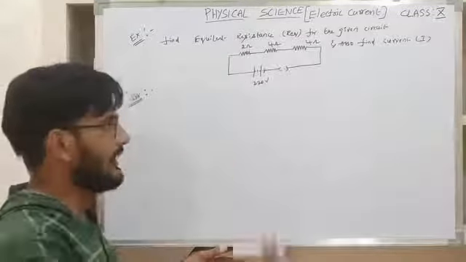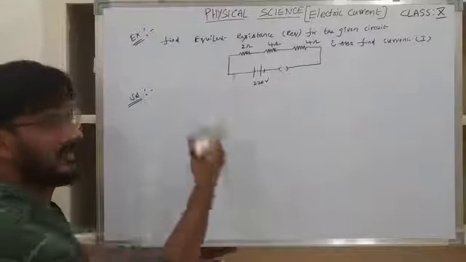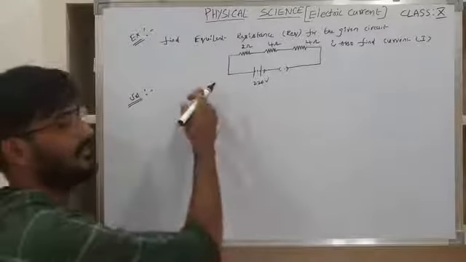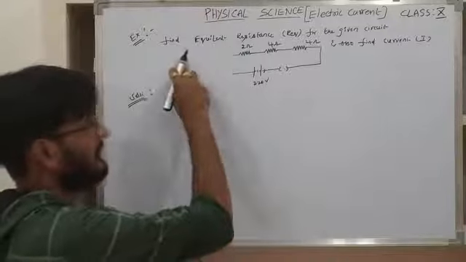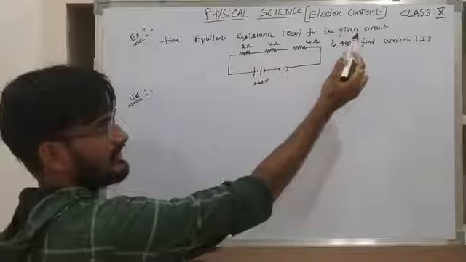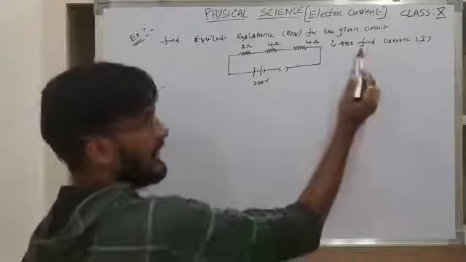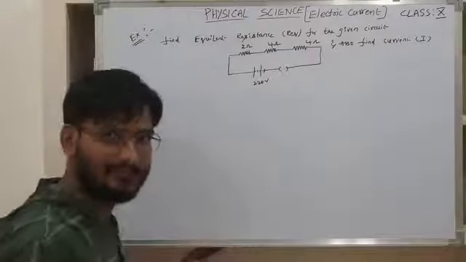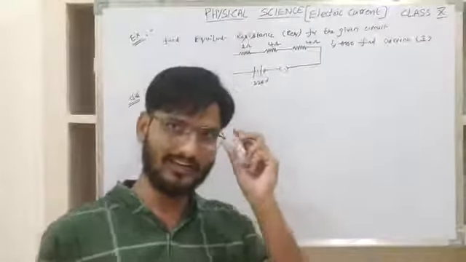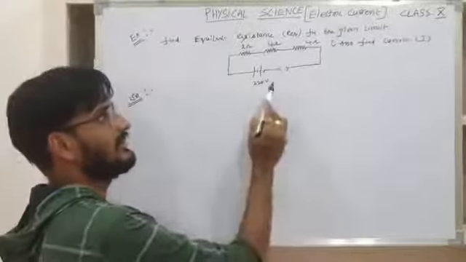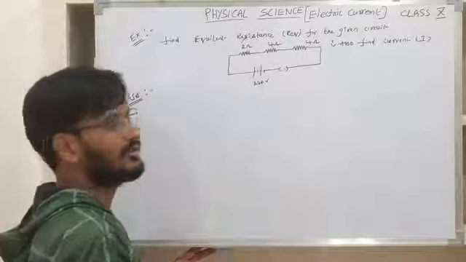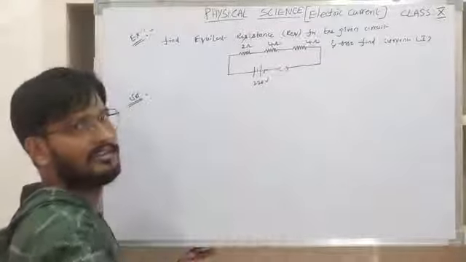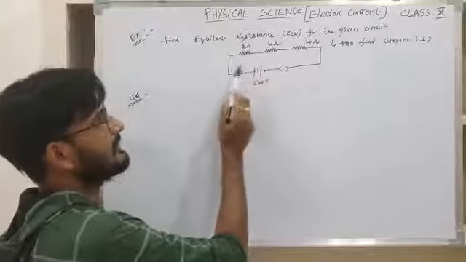Okay, right. So see here, the given problem is: find the equivalent resistance for the given circuit and also find the current. So here is the given circuit.